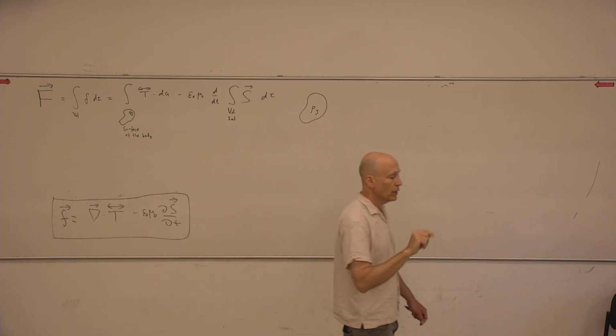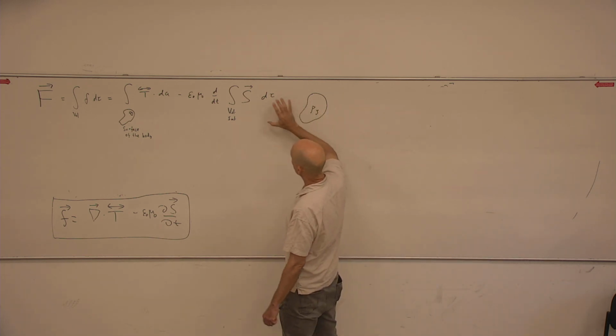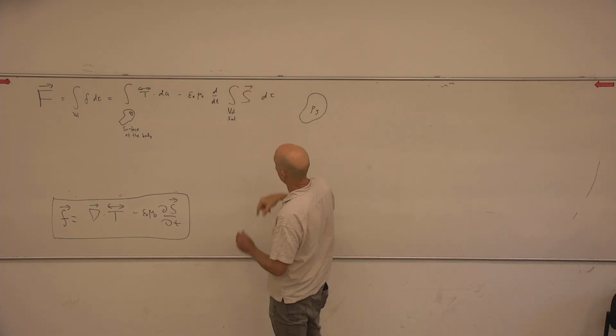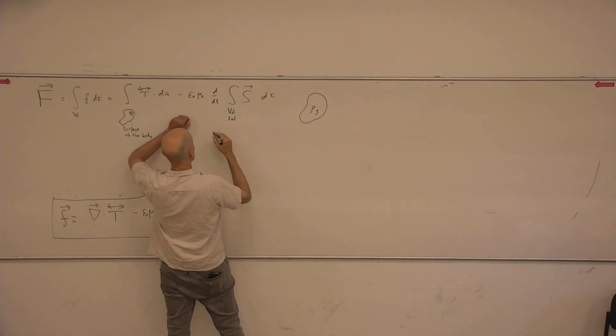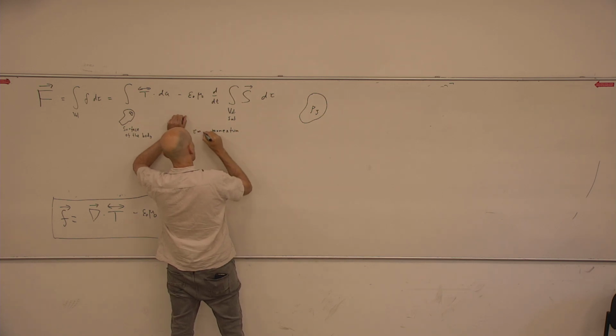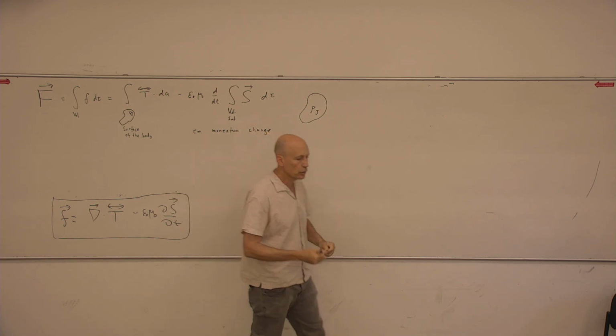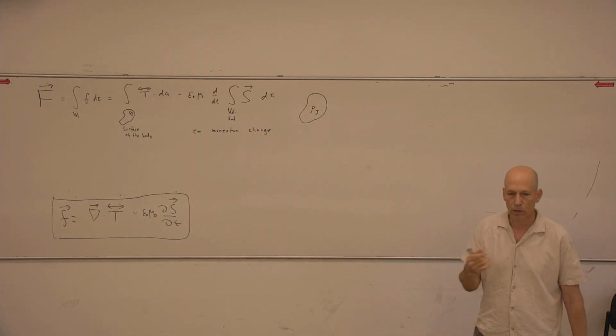This is the momentum of the electromagnetic field. So this term is the electromagnetic momentum change. What do you mean by change? It's not that I'm changing dollars with the shekel. I mean change in time.